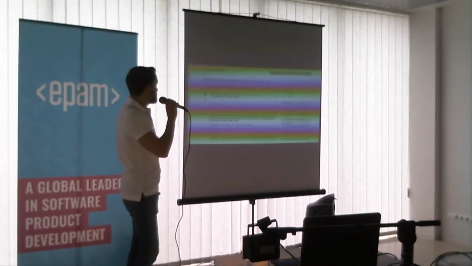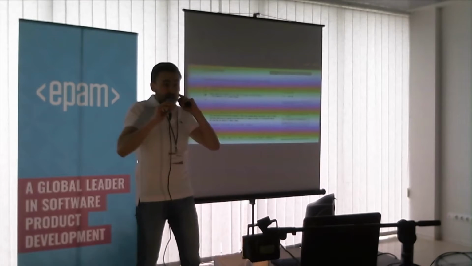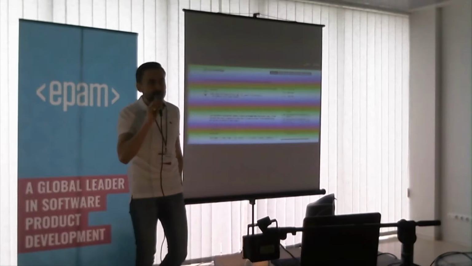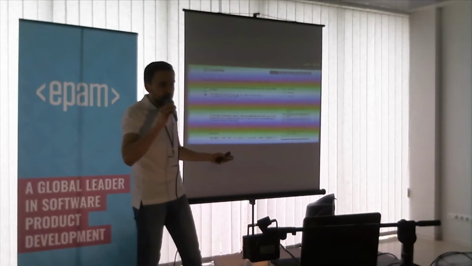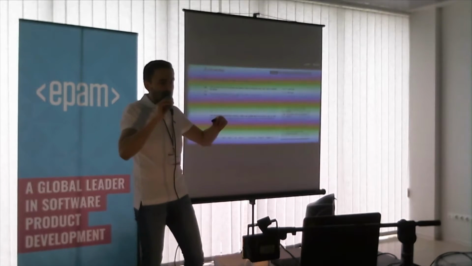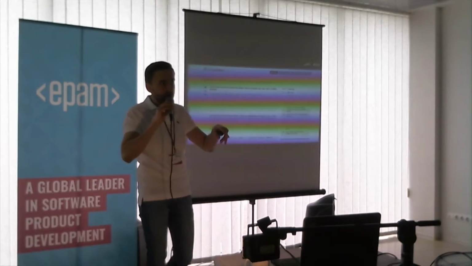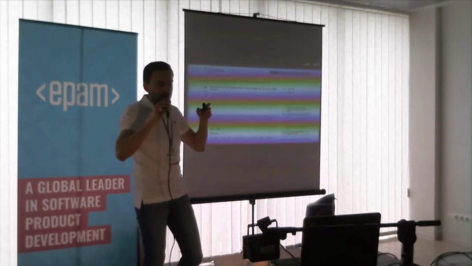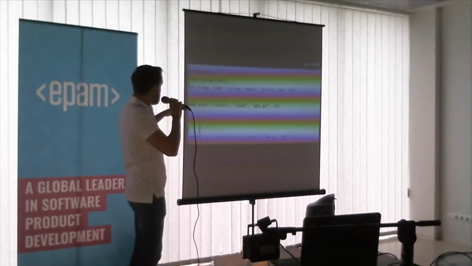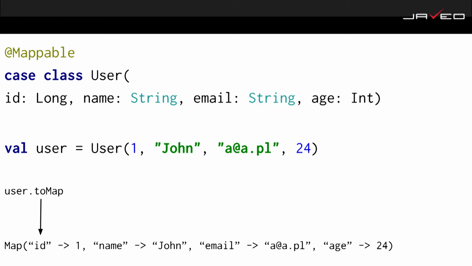When I was thinking about examples for this presentation, I started to look on Stack Overflow. On the tag Scala macros, you can find questions about, without surprises, Scala macros. And I found a question about converting a case class to a map. I have included a link to this Stack Overflow question. You can preview it later. Somebody who asked this question wants similar behavior.